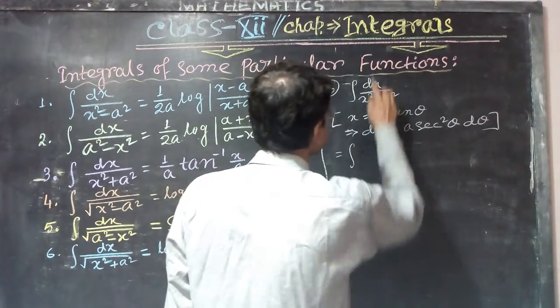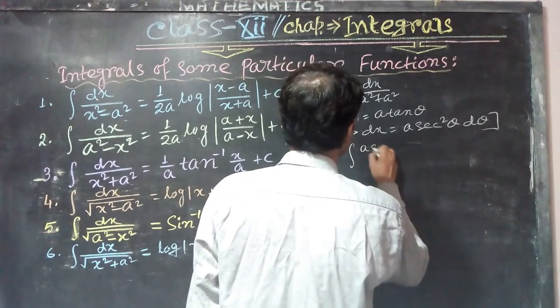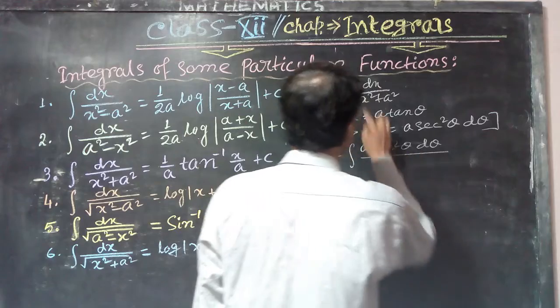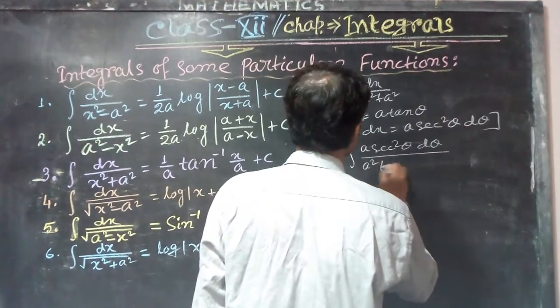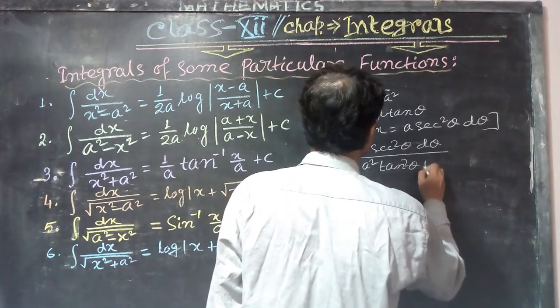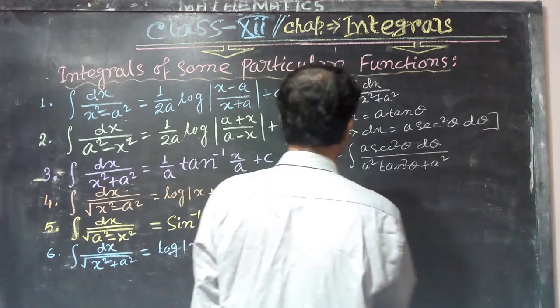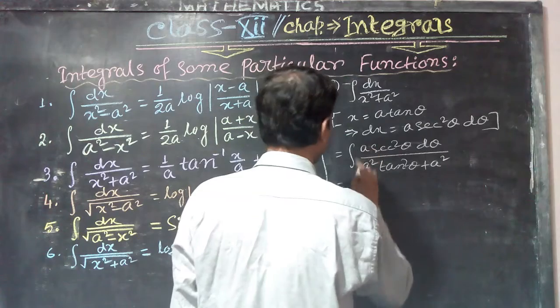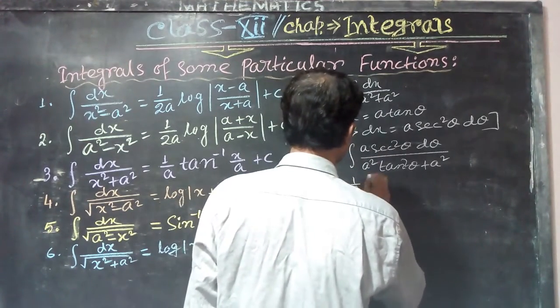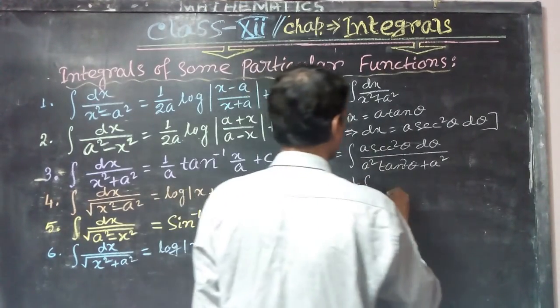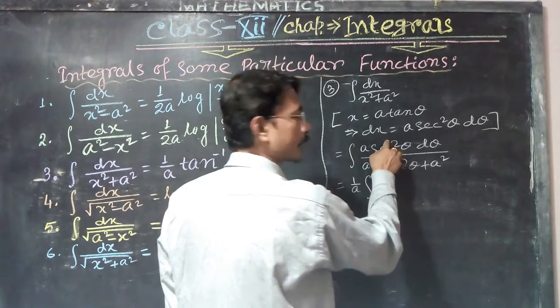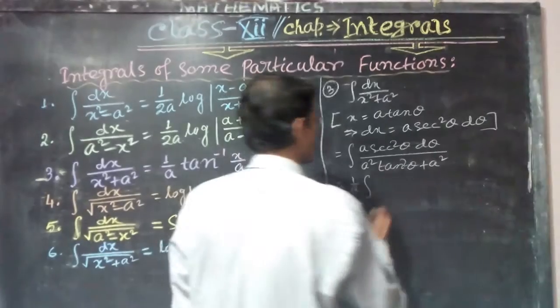So in place of dx we put a sec square theta d theta, by x square means a square tan square theta plus a square. Taking common a square from the denominator, and in the numerator a by a square equal to 1 by a, we put outside the integration. Then 1 plus tan square theta equal to sec square theta, and the numerator has sec square theta, so both sec square theta cancel.